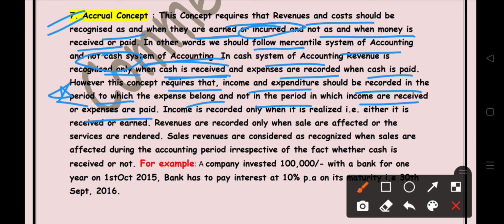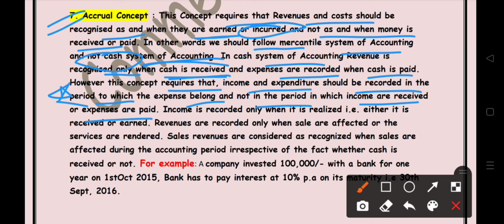Means in the cash concept we record our transactions when the actual inflow and outflow of cash is made. But in the accrual concept we will not wait for such inflows and outflows. We will record them when the transaction is done or when the activities are performed.